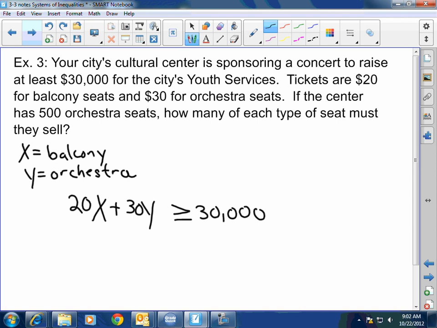How can I represent that? Orchestra seats. Very good. So y, okay, they can sell less than or equal to 500 seats. That's what they've got.